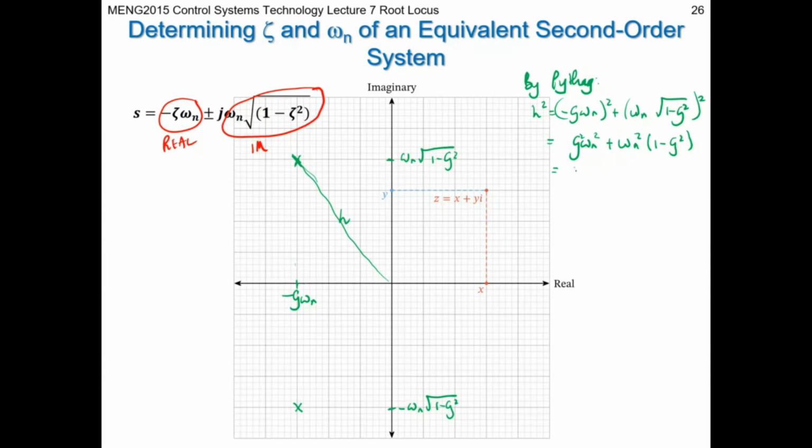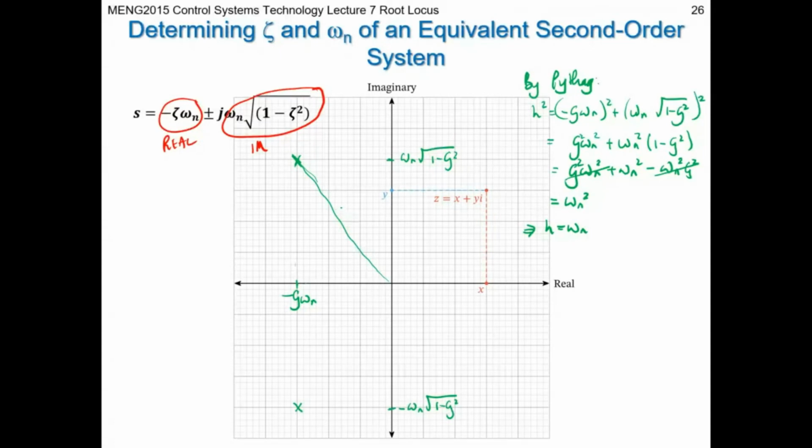So that equals zeta squared omega n squared plus omega n squared minus omega n squared times zeta squared, just multiplying out this bracket here. And then these two cancel. That just leaves us with omega n squared, which implies our hypotenuse h equals omega n.